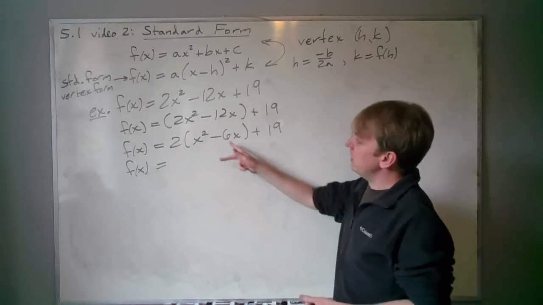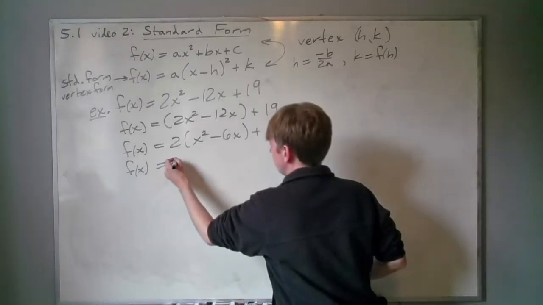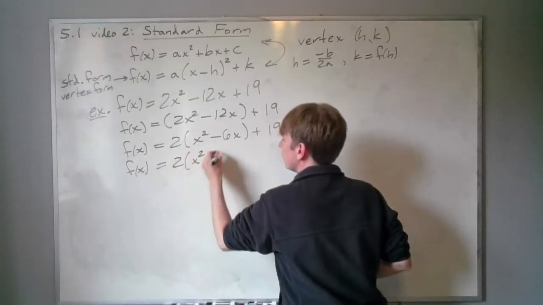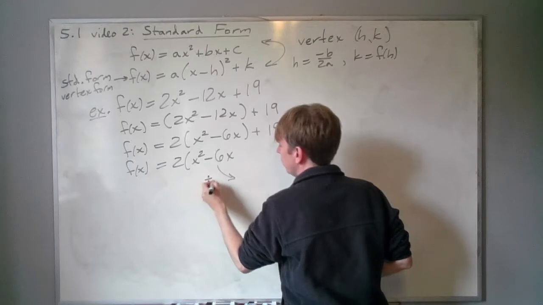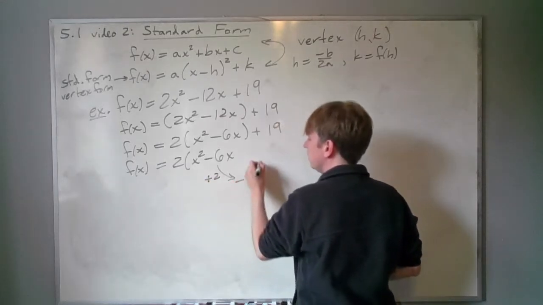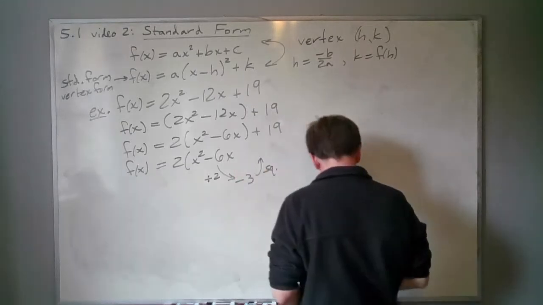Next step is take the x coefficient, divide it by 2, and then square it. So negative 6 divided by 2 would be negative 3, and then we square it to get plus 9.